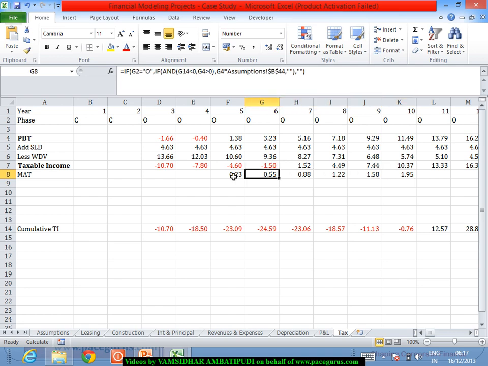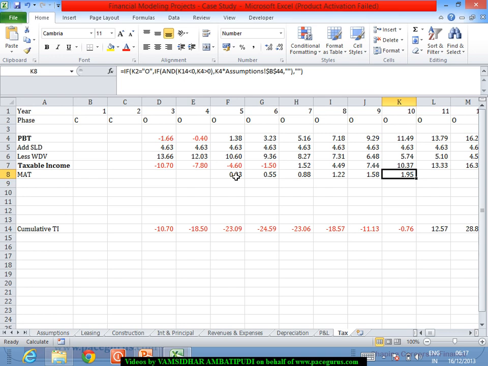So we are paying this much of tax in each of the years based on the PBT, but logically speaking, this much credit we can still get in case we are becoming profitable in any particular year.